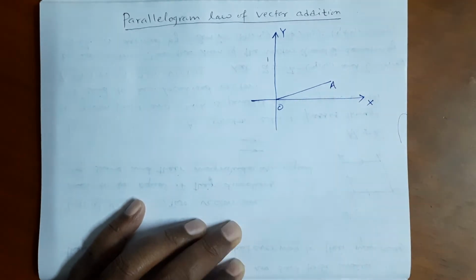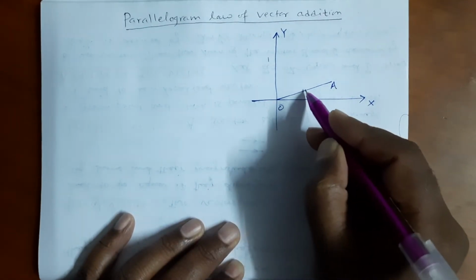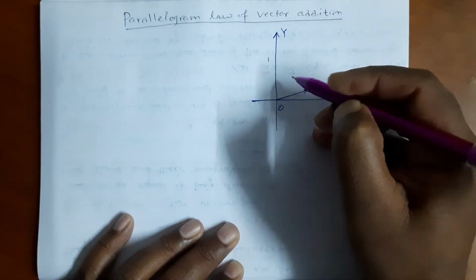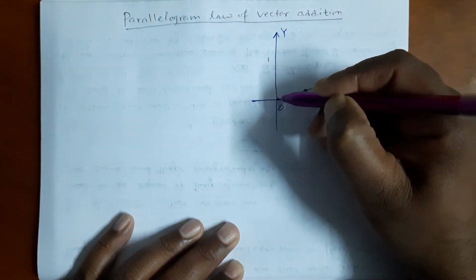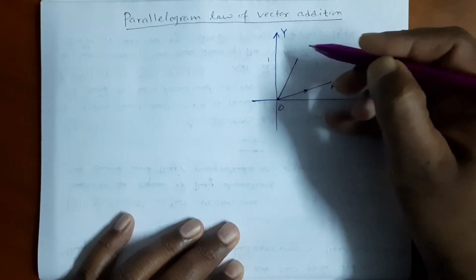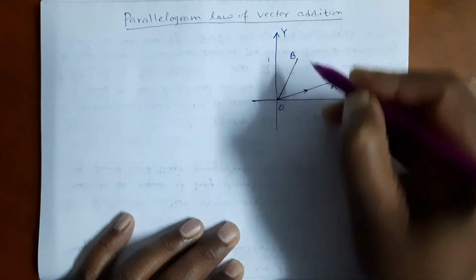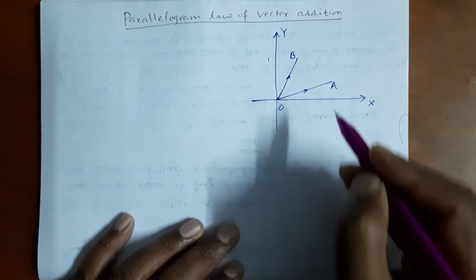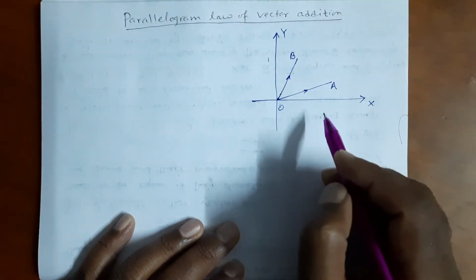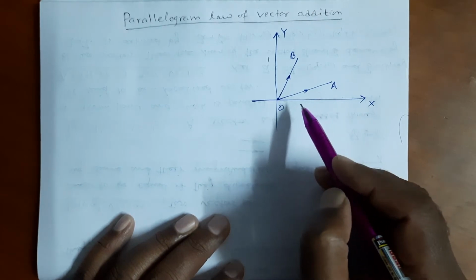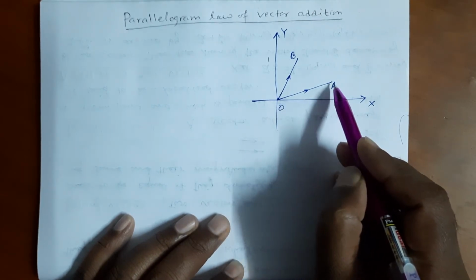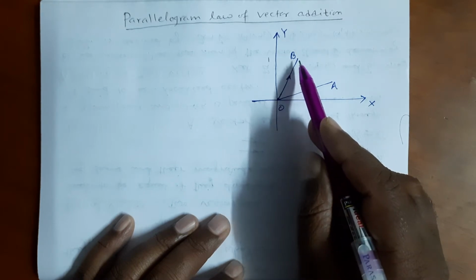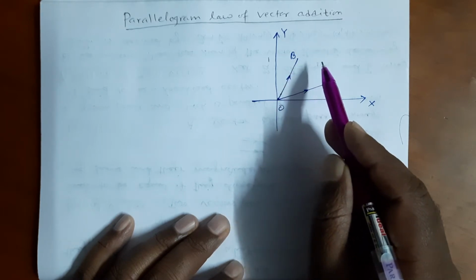Let OA be one vector and OB another vector, and let us complete the parallelogram taking the magnitudes of OA and OB as the adjacent sides of the parallelogram.